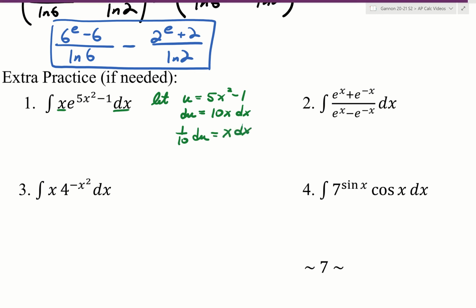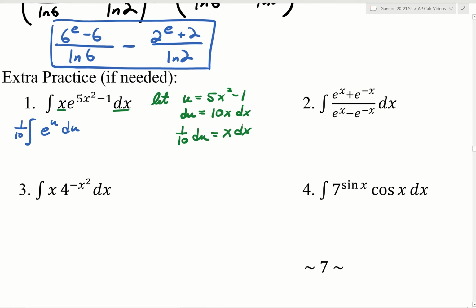As we come back over here and substitute, you've got 1/10 times the integral of e to the u du. The integral of e to the u is e to the u, so this would be 1/10 e to the u plus c. The only thing left to do is to resubstitute. So 1/10 e to the 5x squared minus 1 plus c.